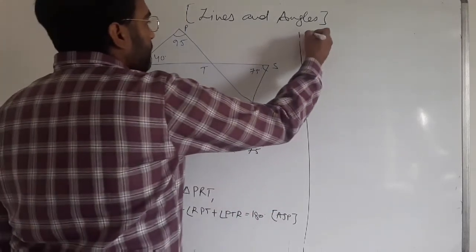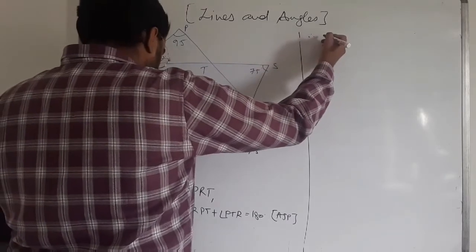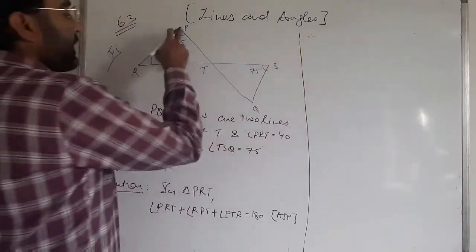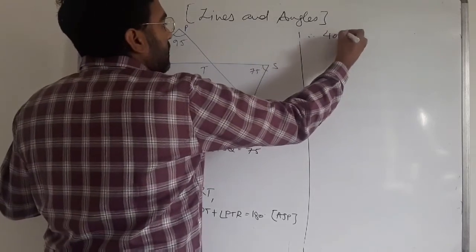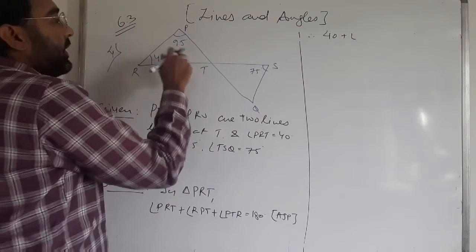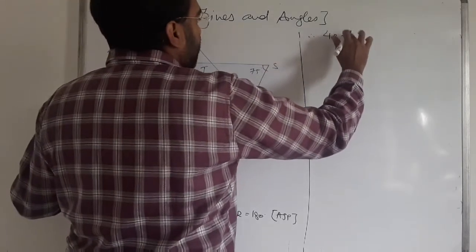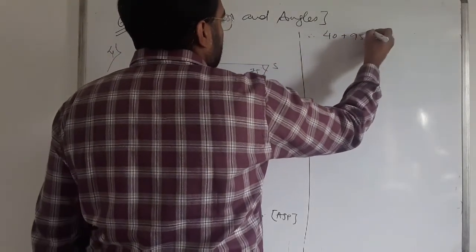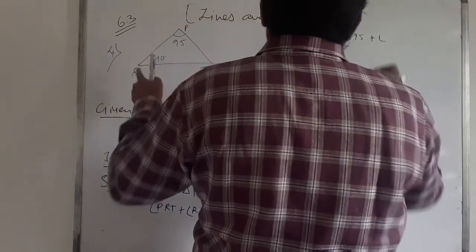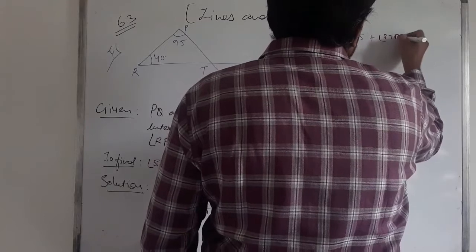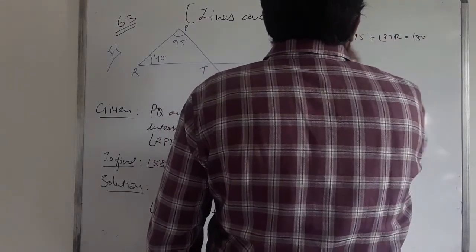So therefore PRT, that is 40 degrees, plus RPT, that is 95 degrees, plus we need to find angle PTR.